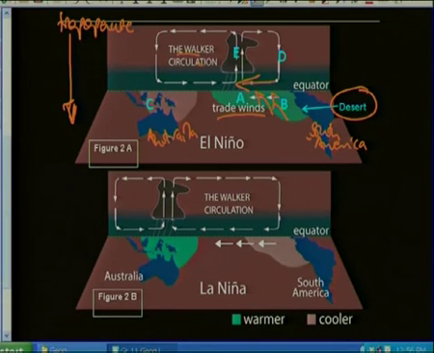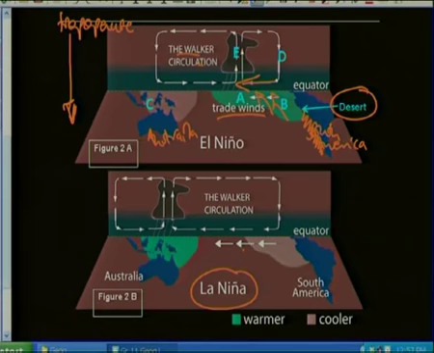But in a La Nina scenario, notice how that is all much stronger, because in El Nino the converse is happening. Those winds are weaker. They're not causing as much upwelling along the coast here for the Peruvian fish industry. All of those things you read in your textbook, how El Nino has an effect on the society, the economy, and all of that stuff, as well as physical effect on climate or weather conditions.